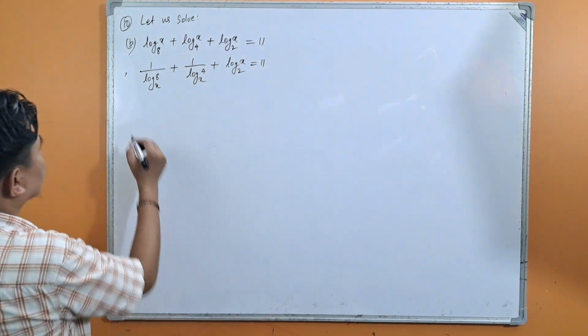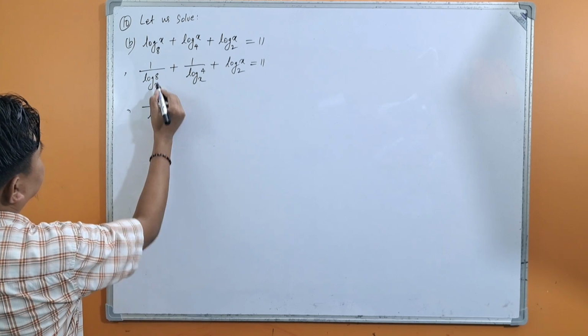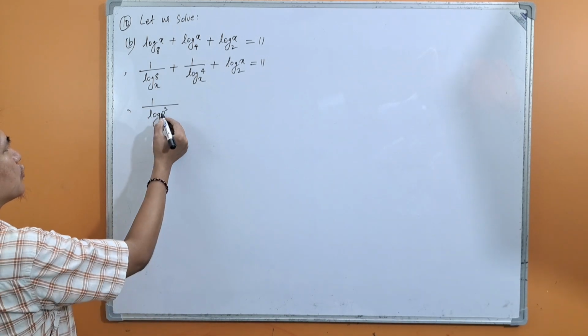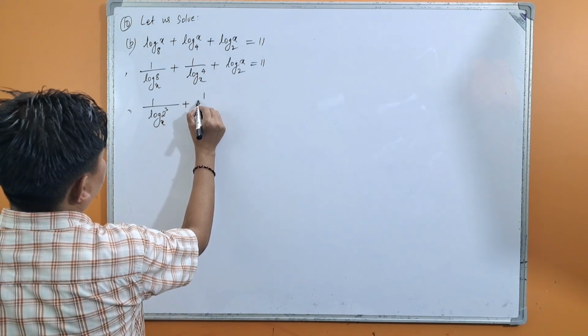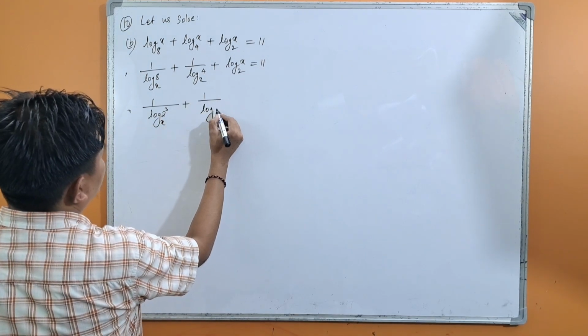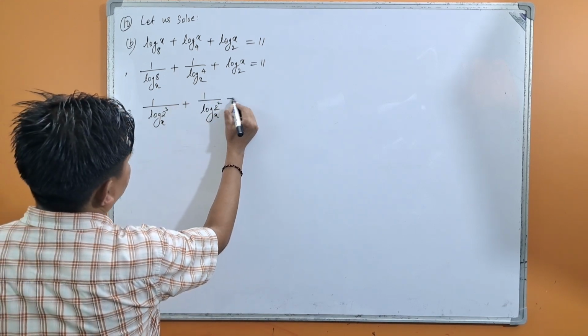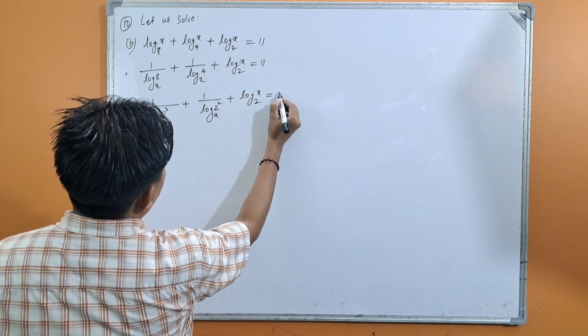Now, 1 upon log 8. 8 is 2 cubed, 2 into 2 into 2 gives 8. So 2 cubed to the base x, plus 1 upon log 4, which means 2 squared. So this x we write here as base, plus log x to the base 2 equal to 11.